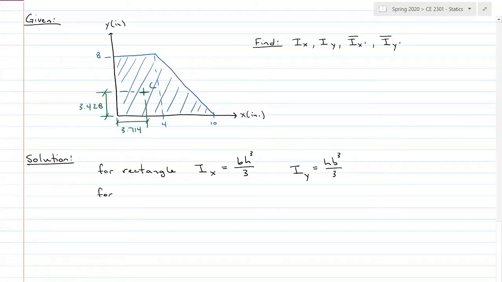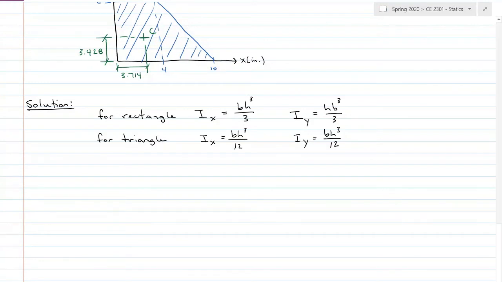For the triangle, Ix is equal to base times height cubed divided by 12, and Iy is base times height cubed divided by 12.